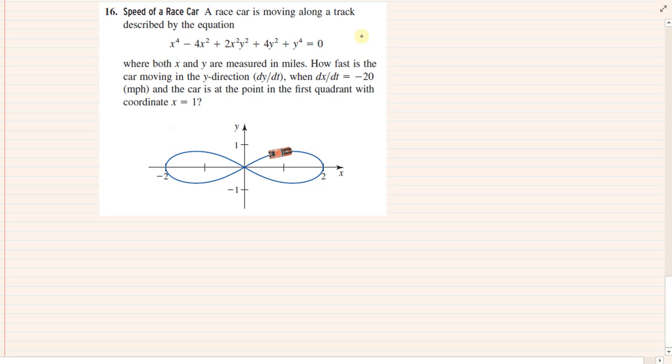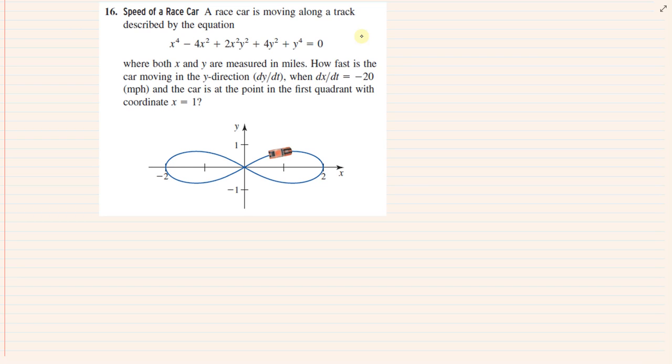Where both x and y are measured in miles, how fast is the car moving in the y direction? That is dy dt, when dx dt is -20. So in other words, the position of the car in the x direction, in the horizontal direction, is changing at the rate of -20 miles per hour.